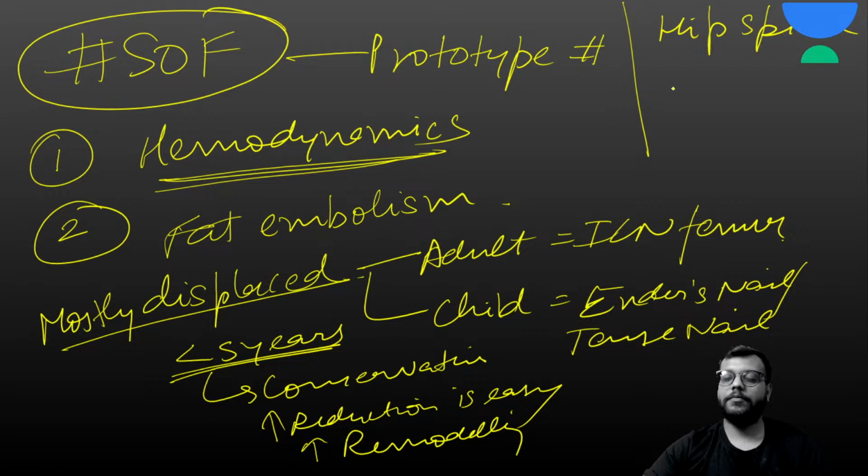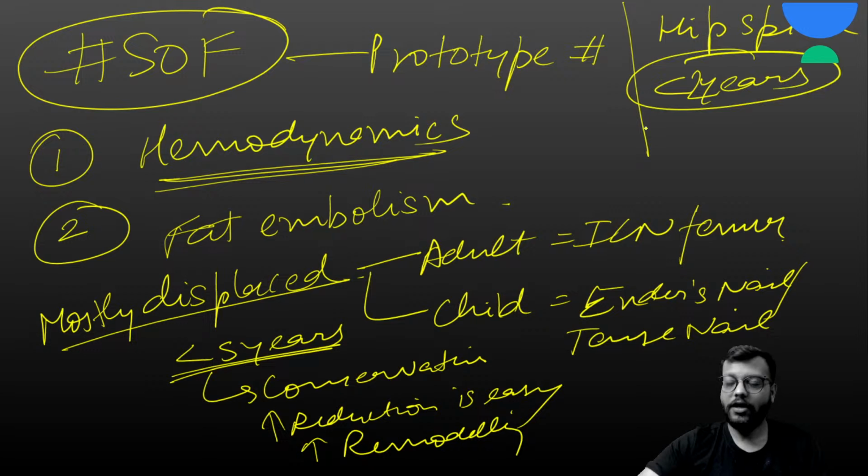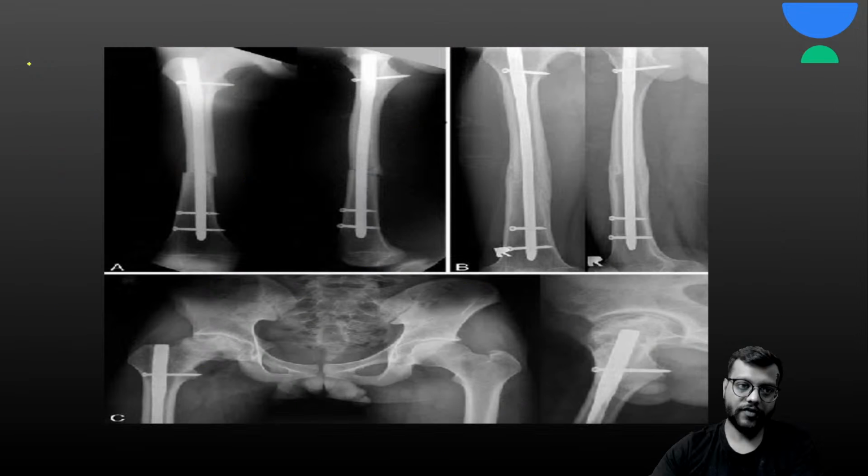And in the old days a traction was used which is no longer used, because it is very cumbersome. You just have to remember the name. In children less than 2 years of age, you can use gallows traction for fracture shaft of femur. Very important, gallows traction. Okay, so this is your shaft of femur fracture post-op x-ray, where you can see the interlocking nail in situ.